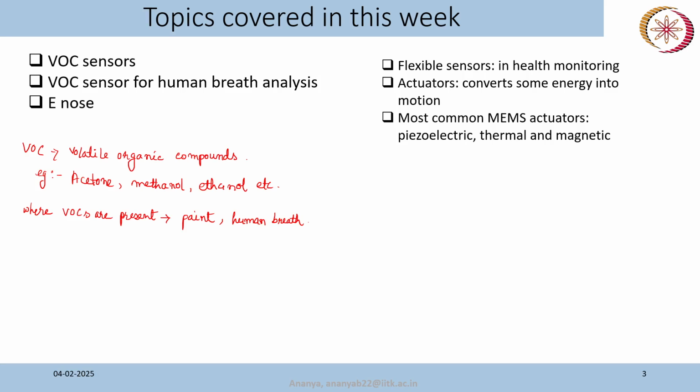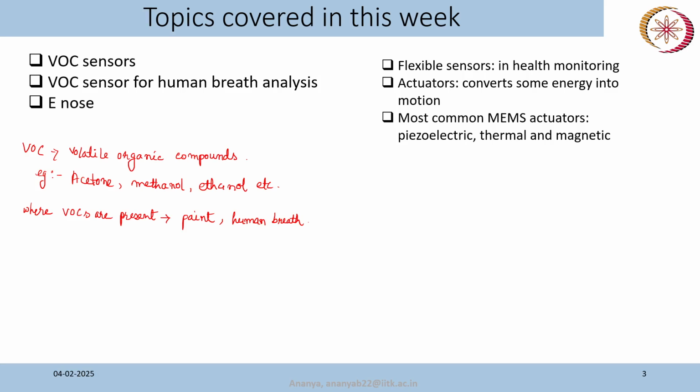One example that was given in the class is that a diabetic person will have a different concentration of acetone in his or her breath compared to a non-diabetic person. Some of you are maybe working in this area, so you'll know it better. Another example is detection of whether a person is drunk.